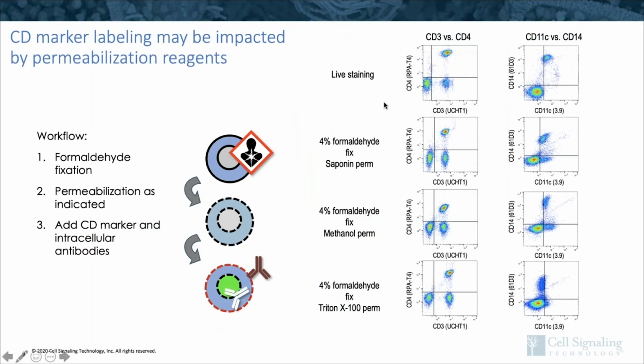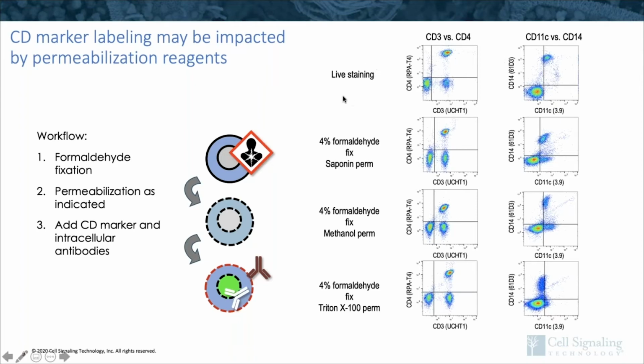So to help illustrate that point, here we're looking at a couple of clones, CD3 and CD4, that still work well after the fixation and permeabilization process, whereas a couple others, this particular CD11c and CD14 clone, will no longer perform appropriately on fixed and permeabilized cells.